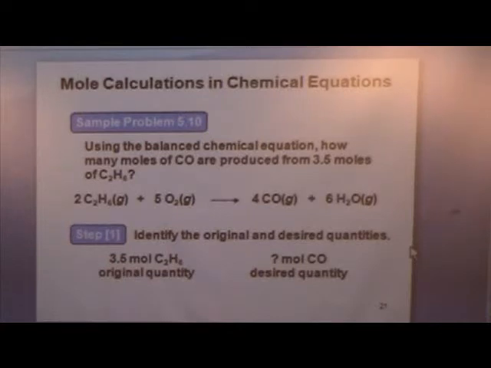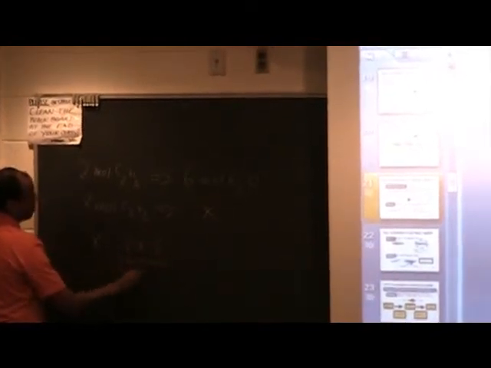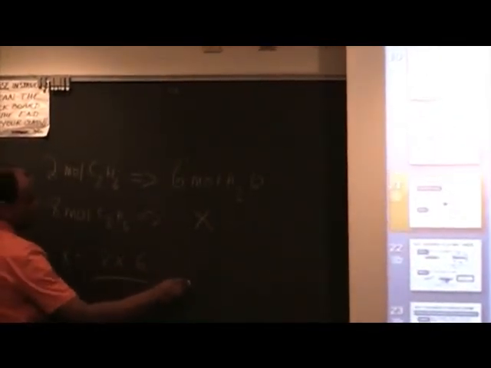This information is from the balanced equation. If I have 8 moles of C2H6, then how many moles of water should I get? X. So what do I do? Crisscross, which is 8 times 6 divided by 2, which gives you what?